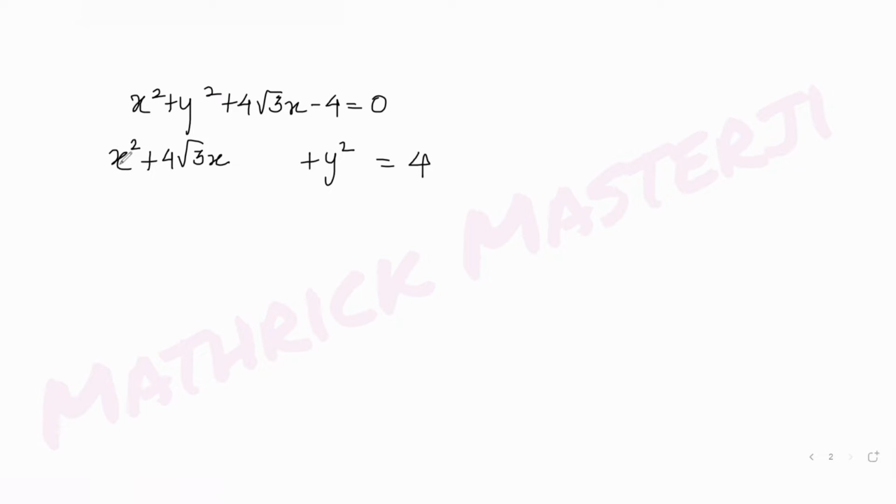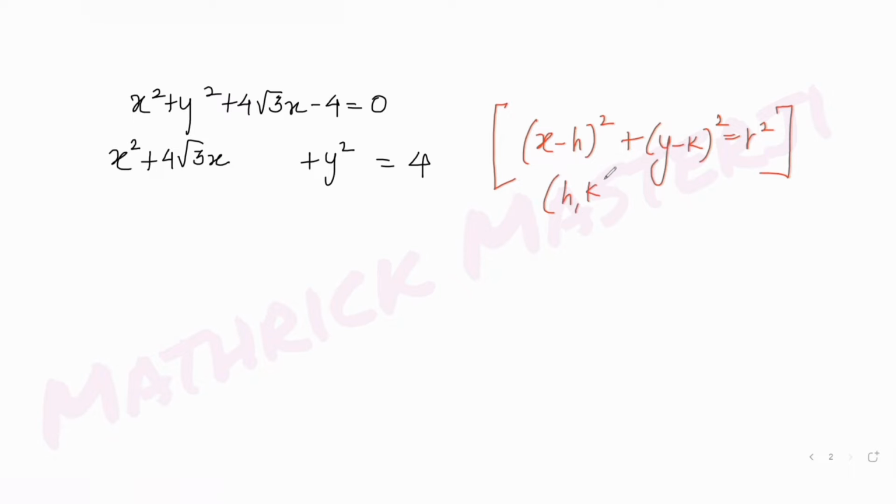I'm writing it this way because I want to convert my equation of the circle to the general form, x minus h the whole square plus y minus k the whole square equals r square. That gives me h comma k, which are my center coordinates, and r, which is the radius of the circle.